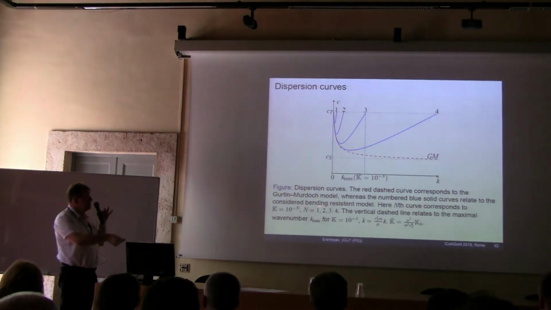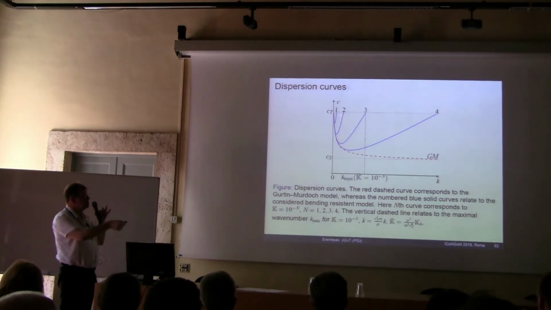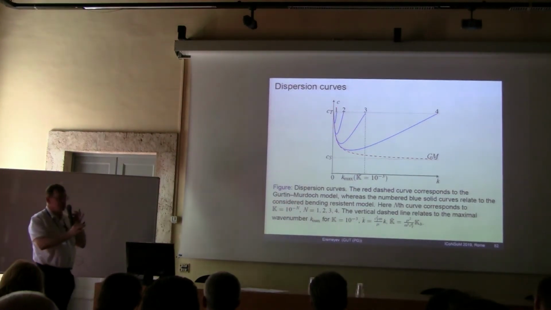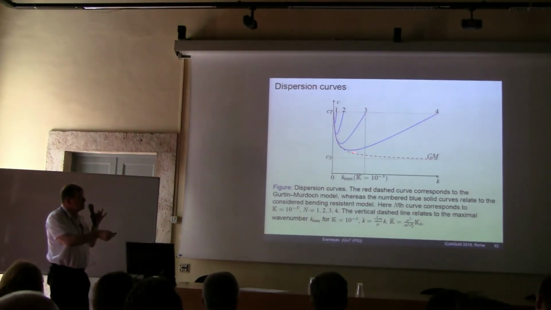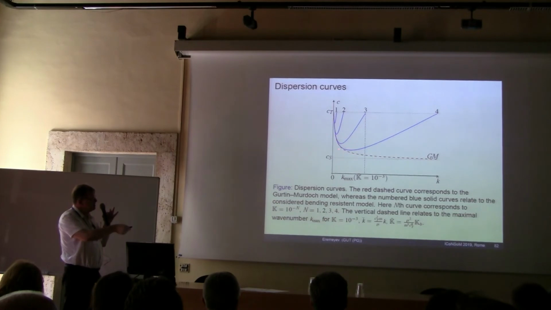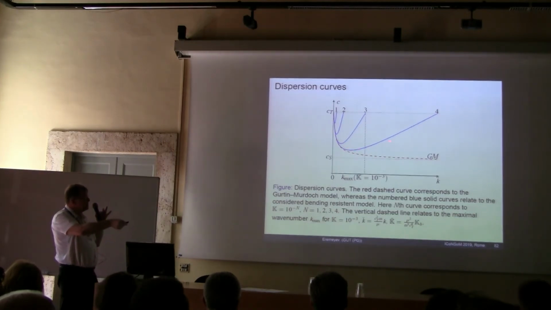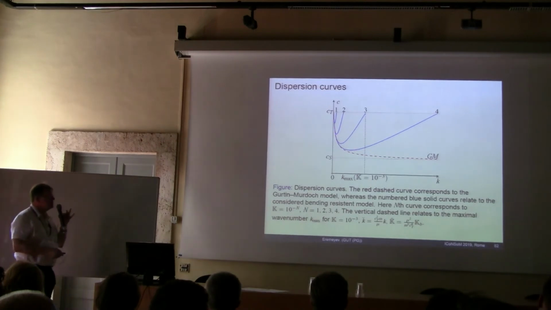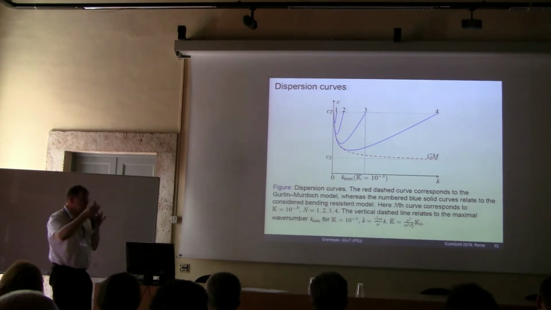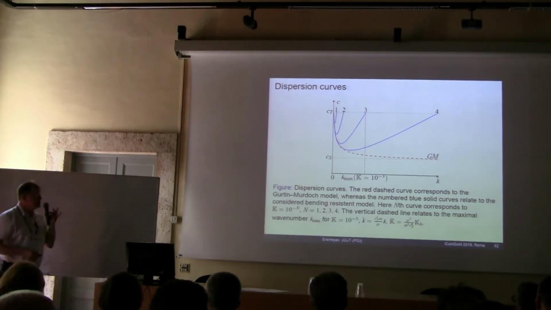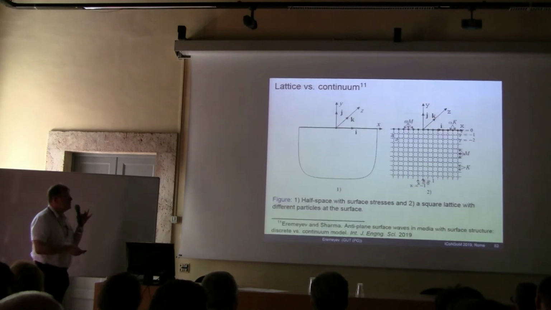Even when the bending stiffness goes to 0, initially we have identical behavior to Gurtin-Murdoch, but nevertheless, after some threshold, we have a difference. Probably it is because in this model we do not take into account the rotational inertia of beams, which would produce a higher order term in surface energy.